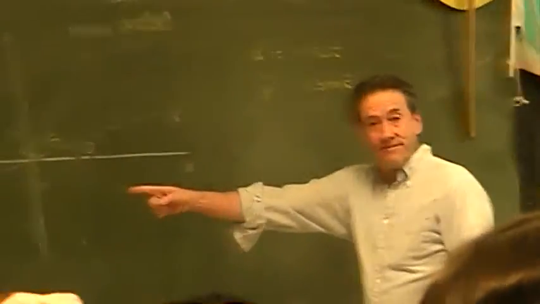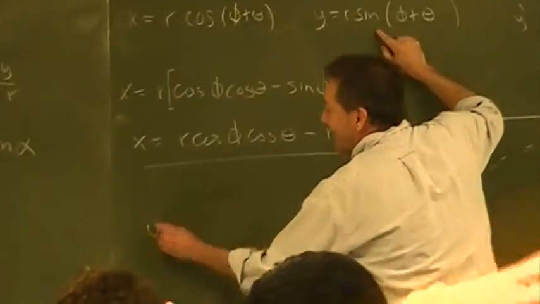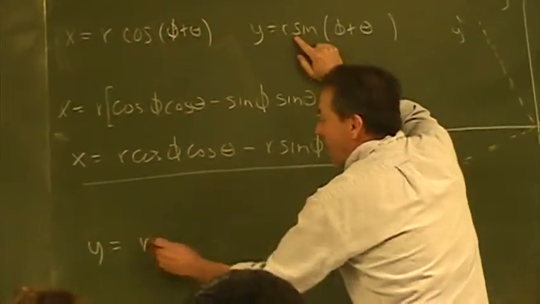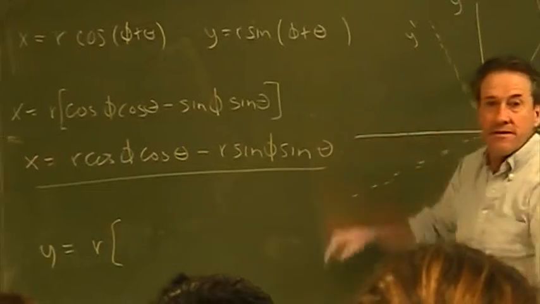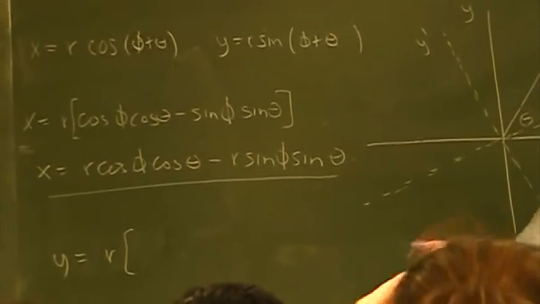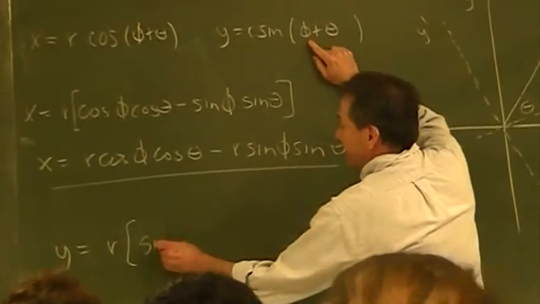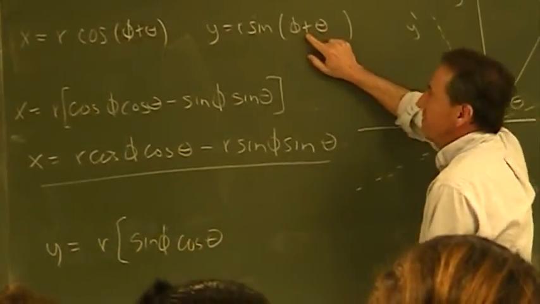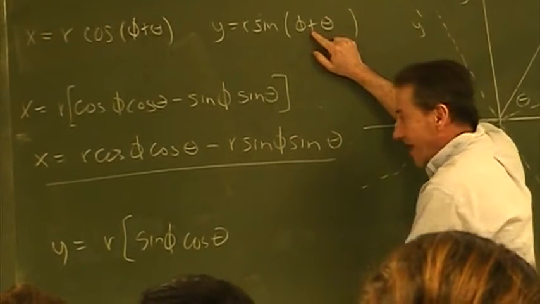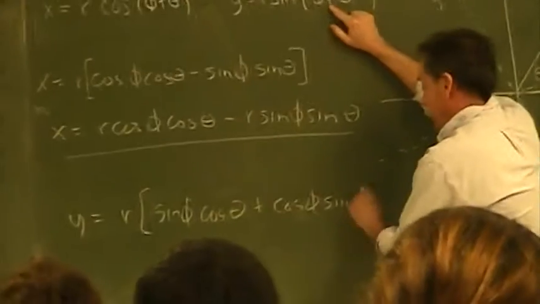That's x. This is x. Y is r times, we have to expand sine of alpha plus beta. Sine, cosine, cosine, sine. Same sign, cosine, sine.